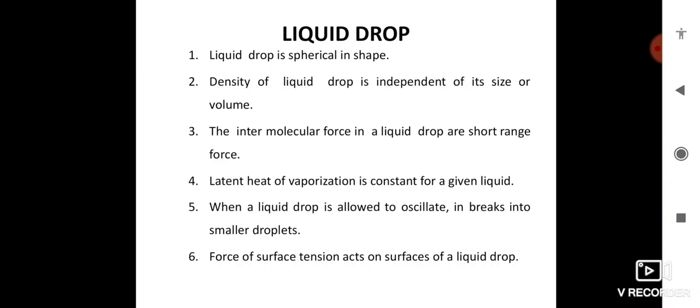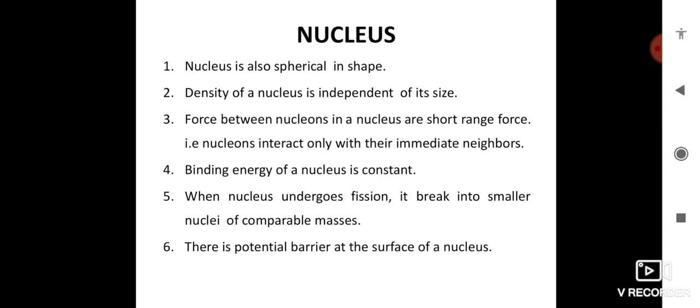Density of a liquid drop is independent of its size and volume, and the intermolecular force between the liquid drops is short range. Another property is the latent heat of vaporization. When a liquid drop is allowed to oscillate, it breaks into smaller droplets, and surface tension acts on the surface of a liquid drop. And the second one is the nucleus.